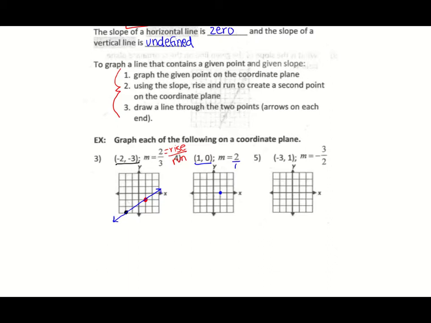So now I can see what my rise and my run are. I have a rise of 2 and a run of 1. Start at my point, I count up 2, 1, 2, and then to the right 1. So this is my point here, and then my last step, draw a line that connects the 2 points. Just like this. Except a little straighter than that. Let's try that again.